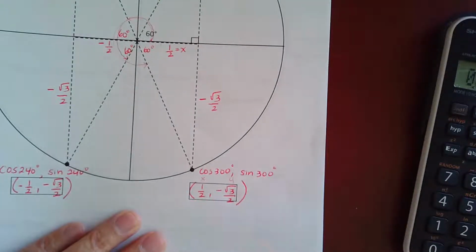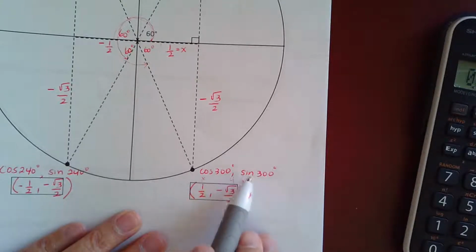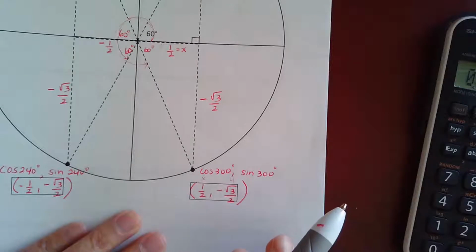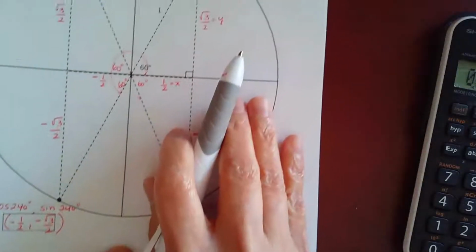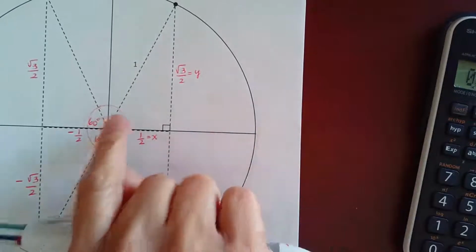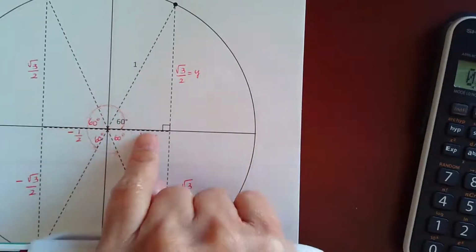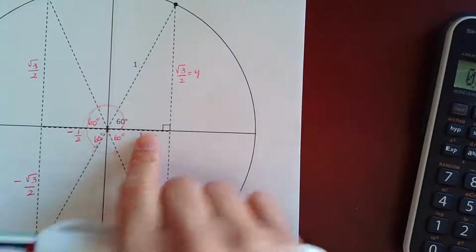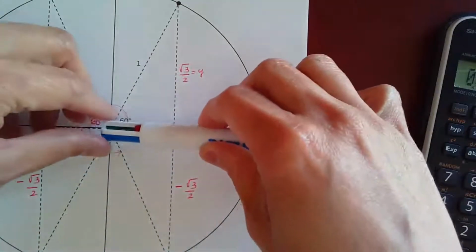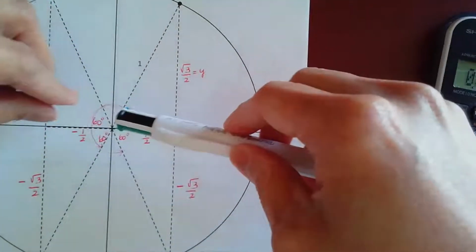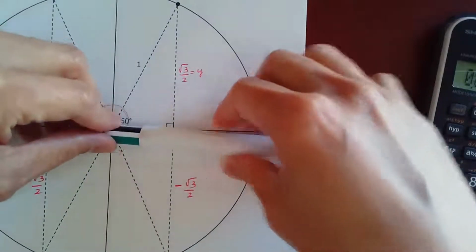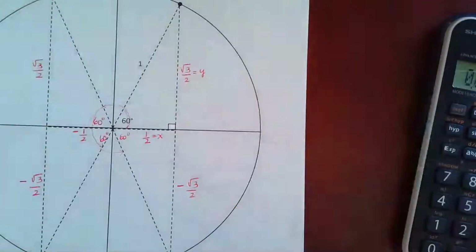Okay. So these ones are the special angles with reference angle of 60 degrees. So reference angle of 60 on each quadrant, right? The reference angle means an angle between the x-axis and then the terminal arm.